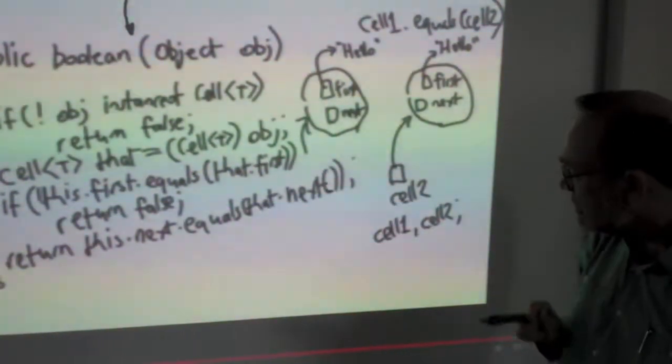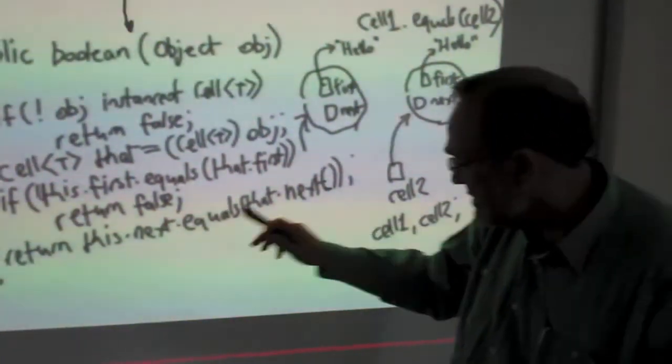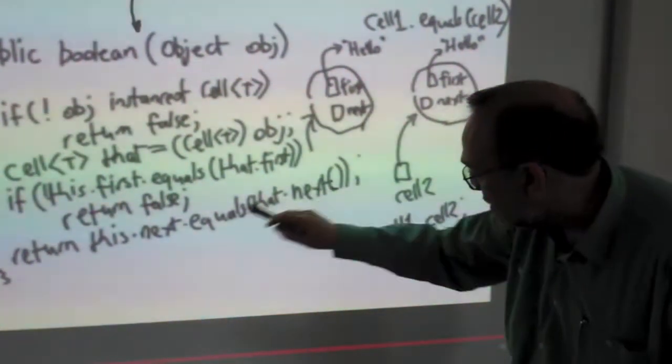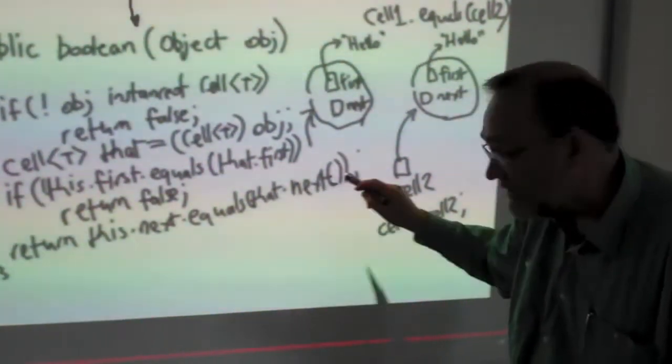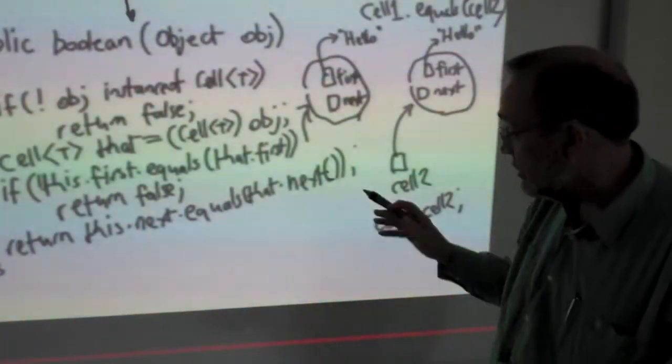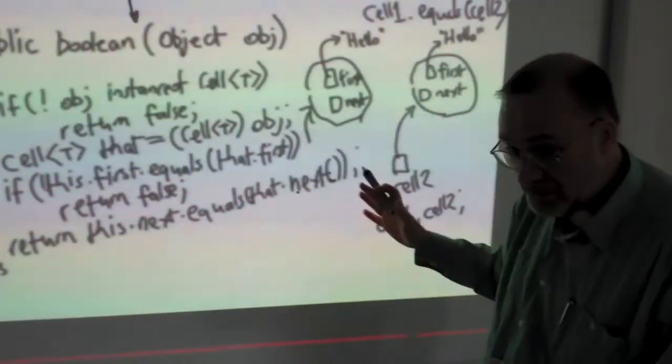This next equals that next, no brackets. The third mistake is I didn't take account of what if this next and that next is null. I can't call a method on null because null means nothing.